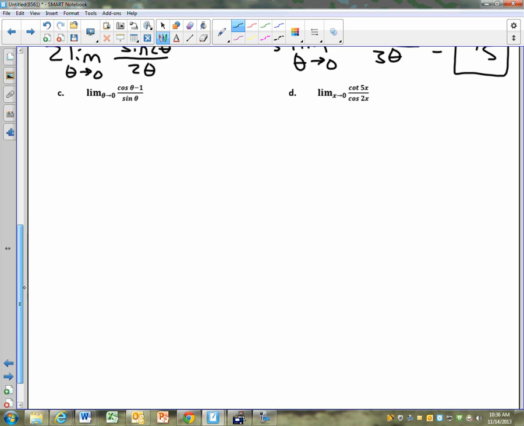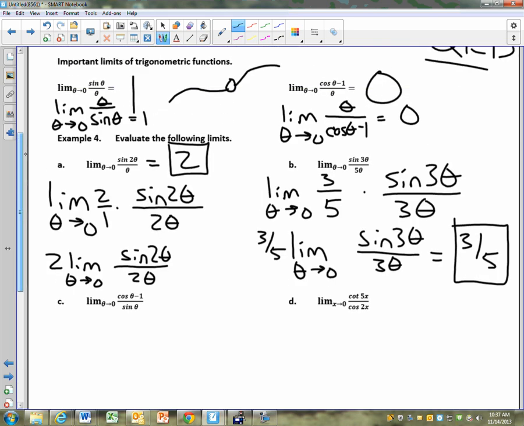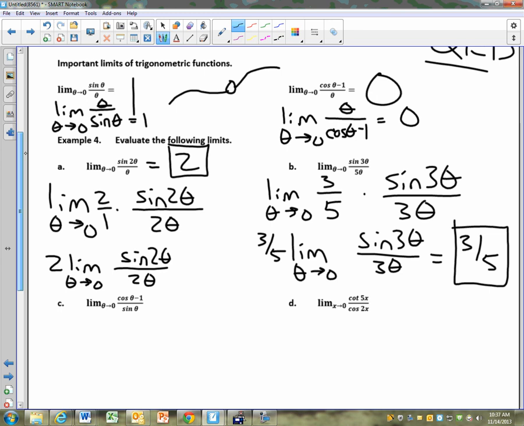If you see a sine of theta on the bottom, what do you want on top? A theta. Just a theta. Look, you guys. You want a cosine of theta minus 1 over a theta, right? So I'm missing a theta on the bottom, aren't I? Well, look. You want this theta on the bottom.